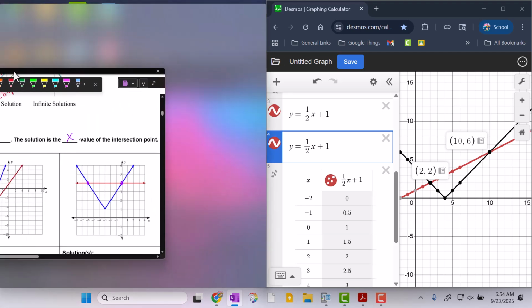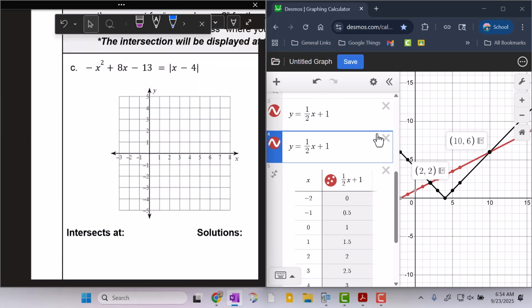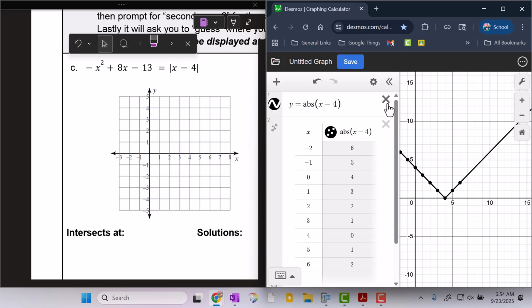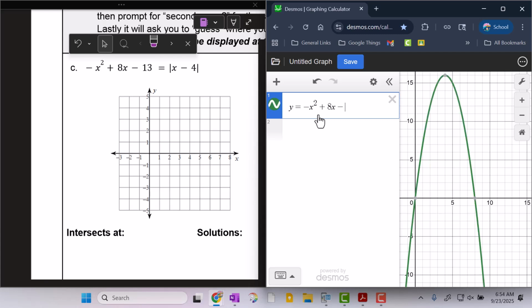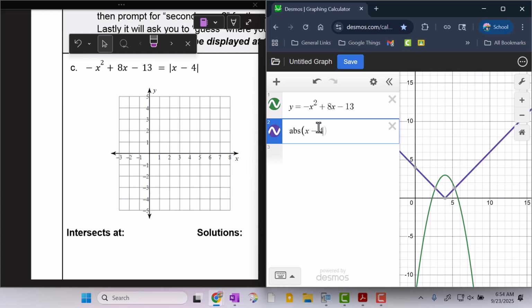Let's do these last two. So now we have some more complicated things here. We have a quadratic and an absolute value. So y equals negative x squared plus 8x minus 13. And we have the absolute value of x minus 4.